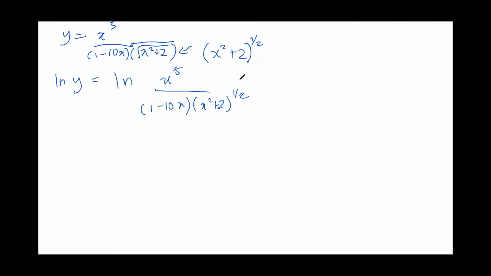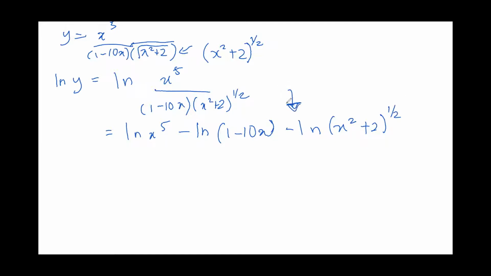And then you are going to split this one, and you're going to have ln x to the power of 5 minus ln of 1 minus 10x minus ln of x squared plus 2 to the power of half. From here to here, you should already know how to do this.